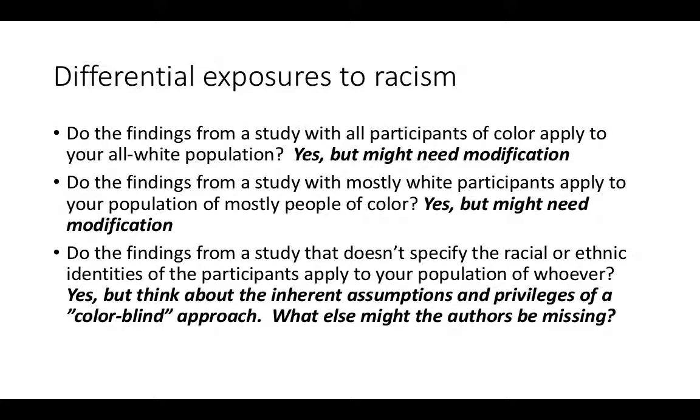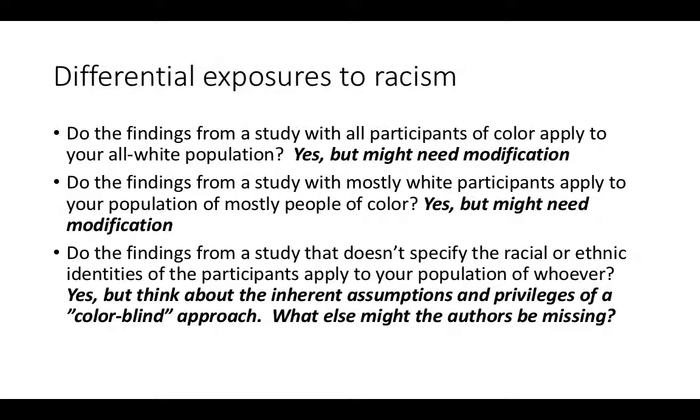So, for example, a study of financial education to help people qualify for mortgages. If the study sample was all white or mostly white, we might need to add in a piece to the intervention that addresses bias in lending and predatory lending practices and racist lending practices so that our participants aren't being blamed or asked to take responsibility for societal conditions that are beyond any individual's control.